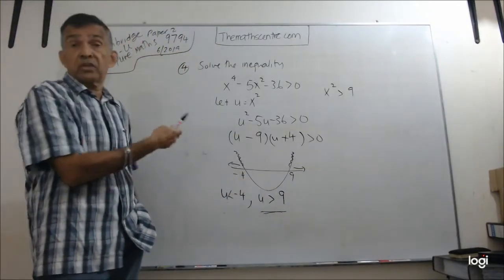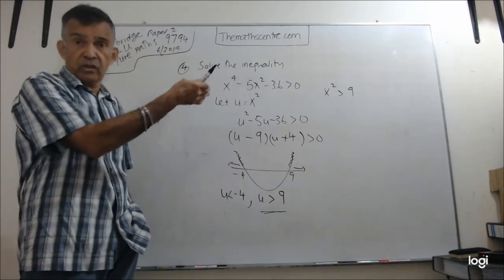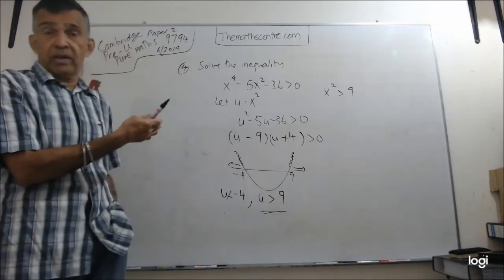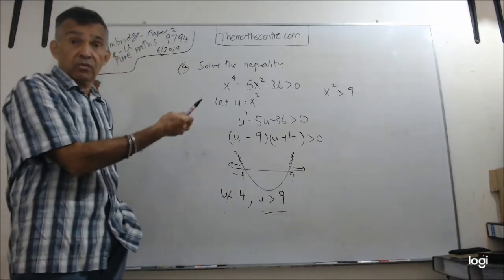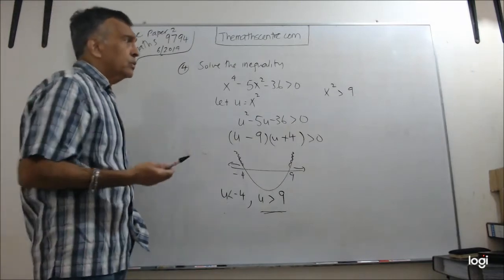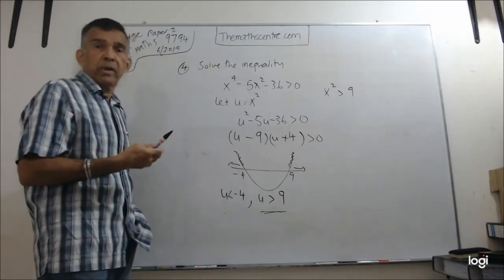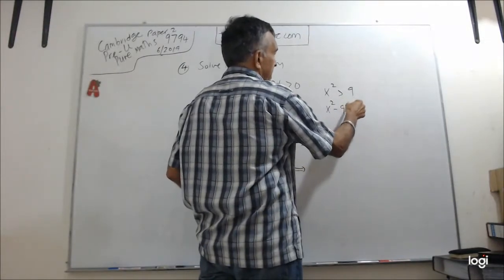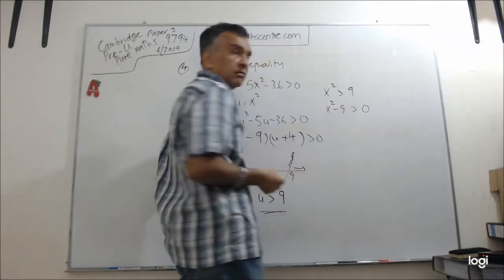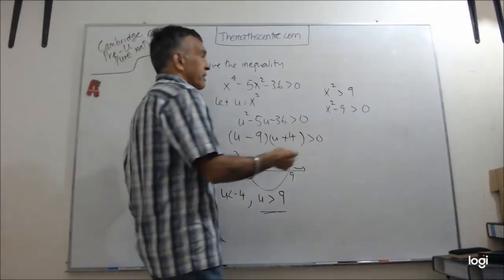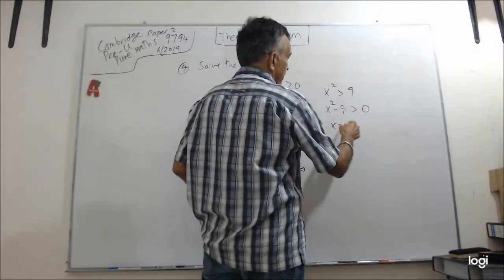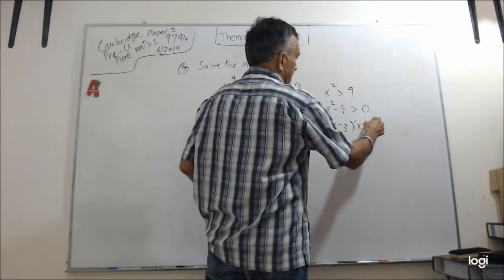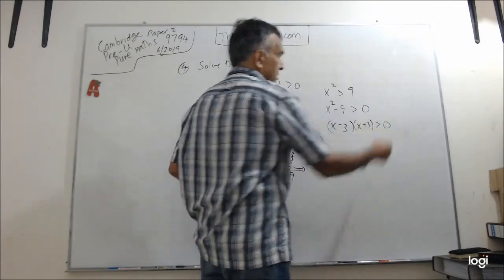Those of you pretty sharp with maths can write the answer down straight away: x less than minus 3, x bigger than 3. But if you want to deal with it in a textbook manner, you can write this as x squared minus 9 is bigger than 0. So I have x minus 3, x plus 3 bigger than 0.